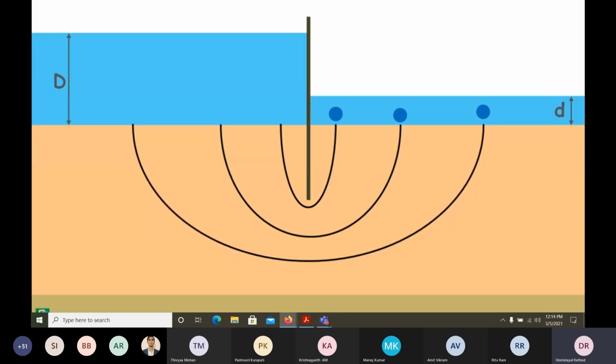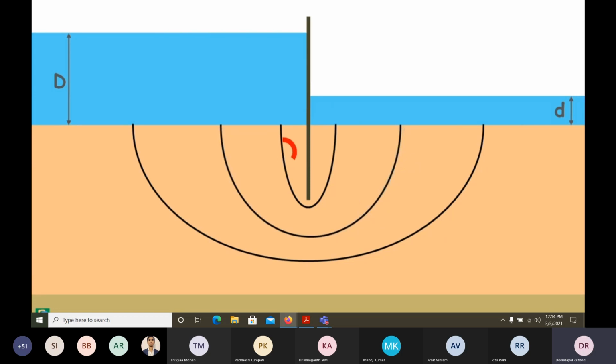Note that each flow line begins from the upstream surface, which is at pressure gamma w capital D, and traverses through the soil, constantly losing its energy, and terminates at the downstream surface, which is at pressure gamma w small d.